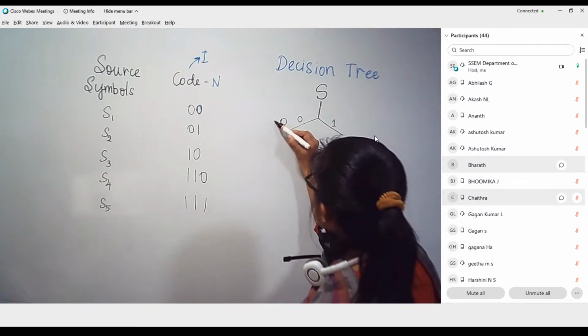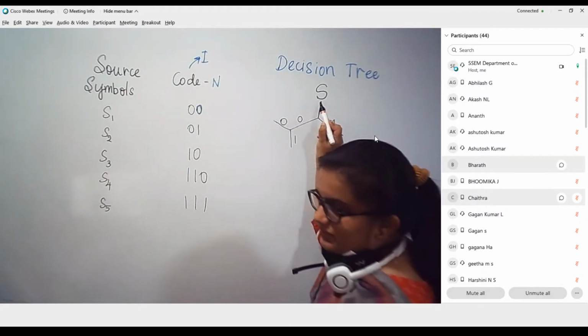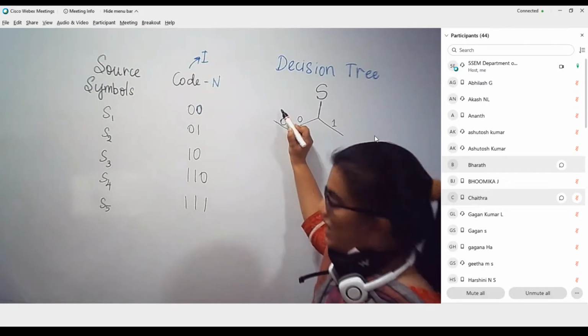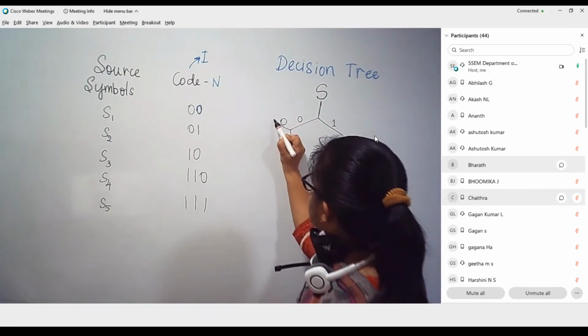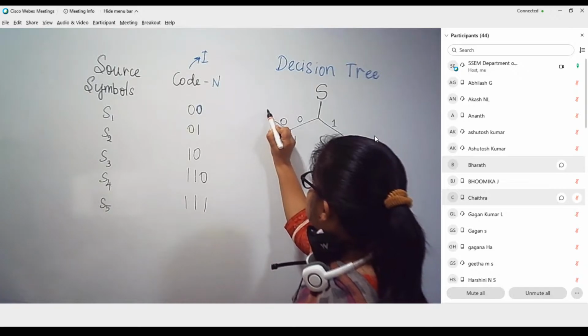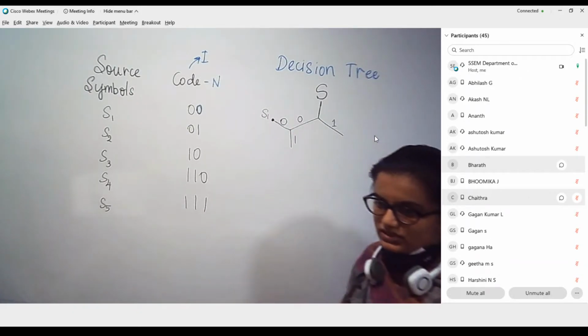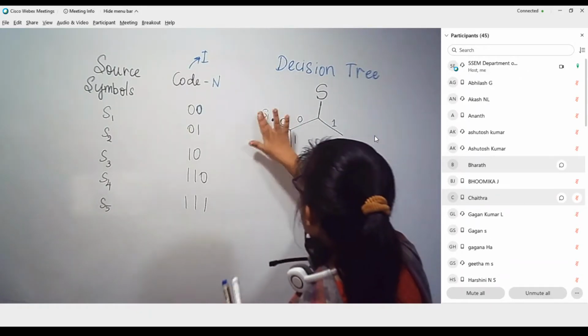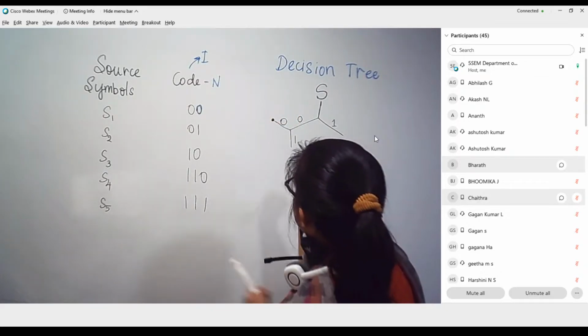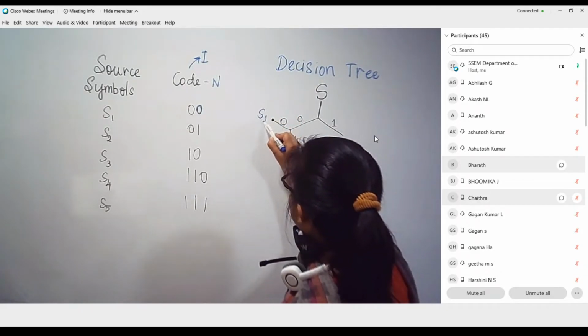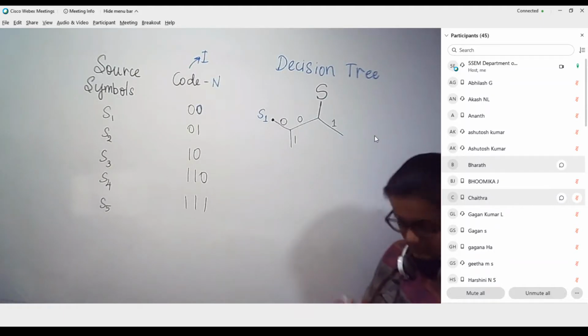Now, if you look at this, starting from the source, if you are going to trace back, 0 0 is a code, therefore this particular branch is going to give me S1. After I trace the 0 0 path, I obtain a symbol called S1.